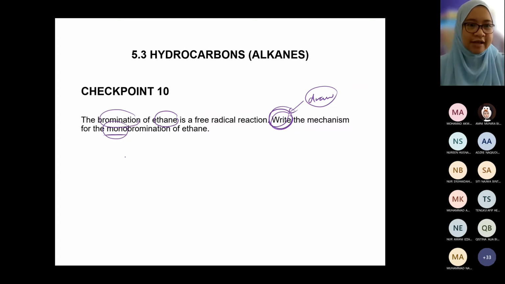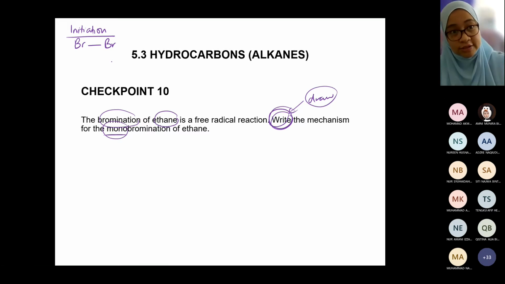Okay, let's start with initiation. Look at the question carefully. It says bromination, that means you have to use bromine, Br2, not chlorine. Just now the example used chlorine, but you have to refer to the question.